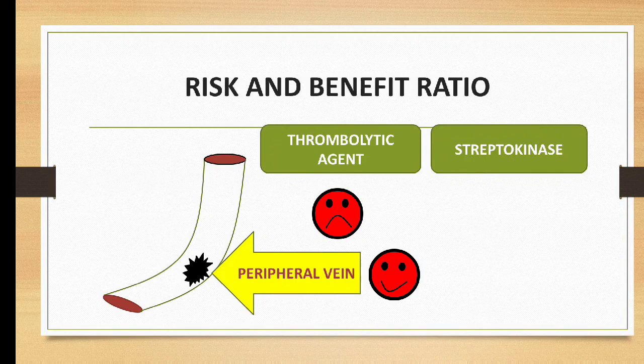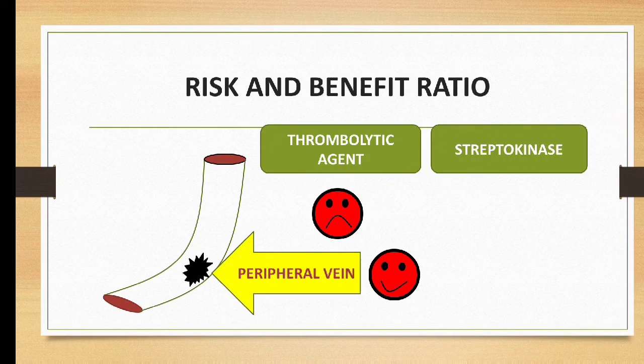If a thrombus is there in the leg, it is not that problematic. But when a thrombus is there in the coronary artery, we have only one artery supplying the oxygenated blood to the heart. If a thrombus is present in a vein, it is not that much of a problem. We can just stay alive.